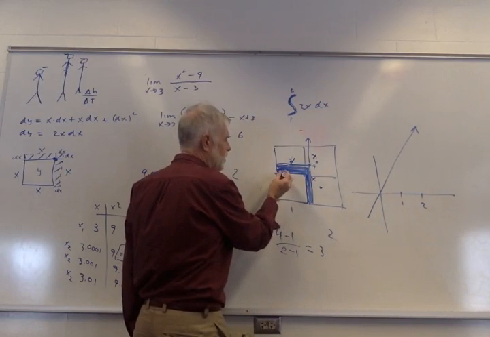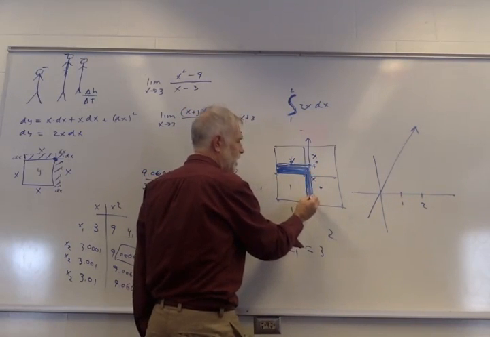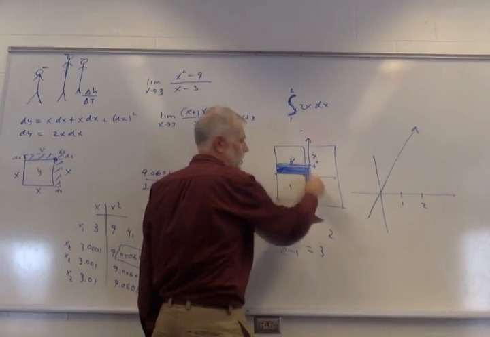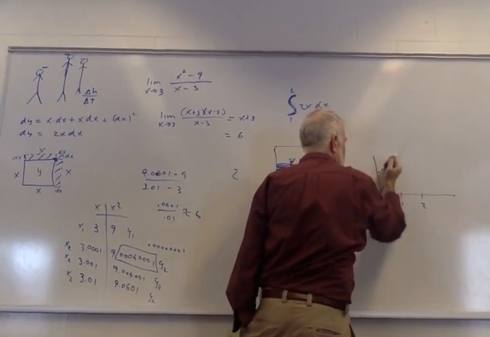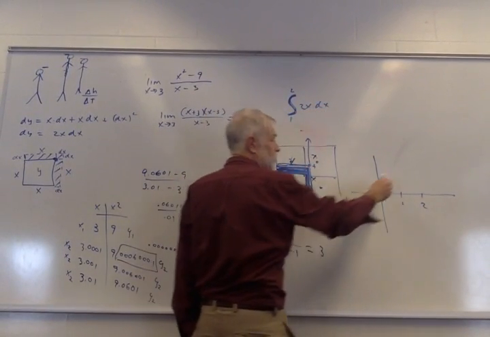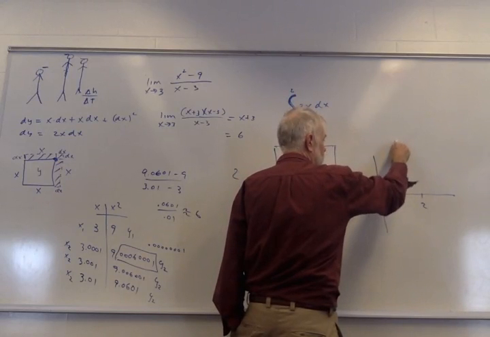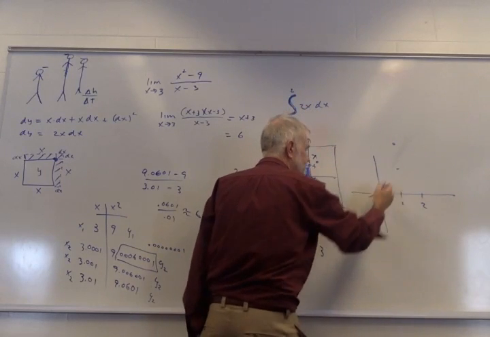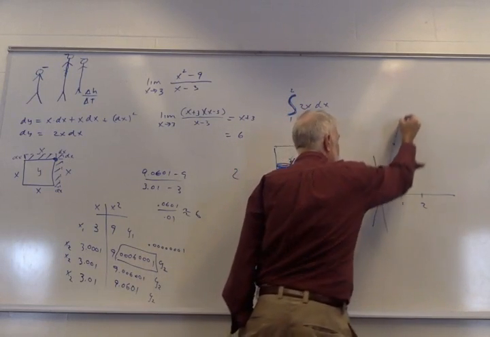And if I went back to 1, x dx, whatever that distance is, which in this case is 2 units high, so let's actually do it. 1, 2, there, that's better. That's a better graph.